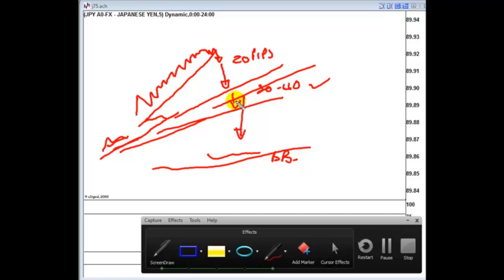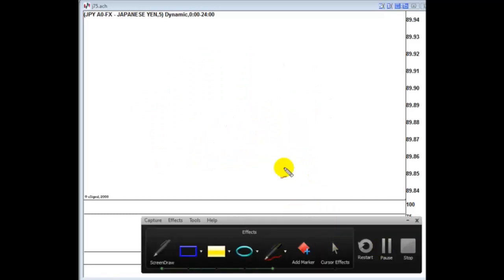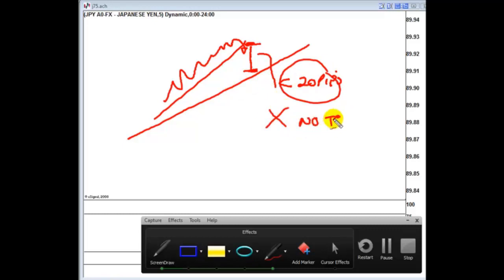Now that brings me on to another important point. If there is a situation where I'm selling the break here, but there's a longer term trend line, so in other words, the distance from the break where I took the entry to where the longer term trend line comes up underneath it is less than 20 pips, generally I won't take the trade.